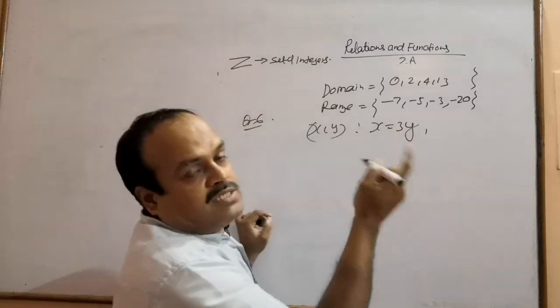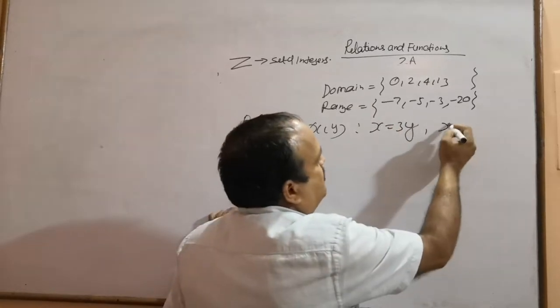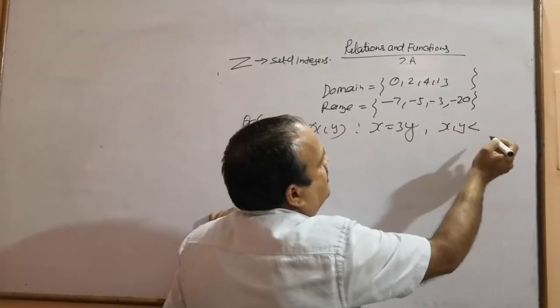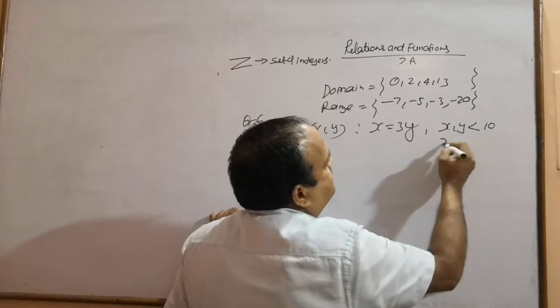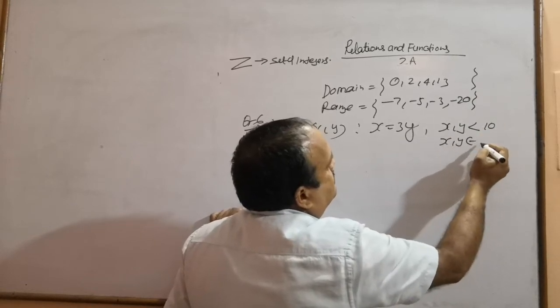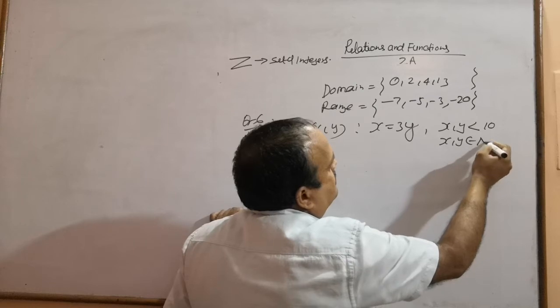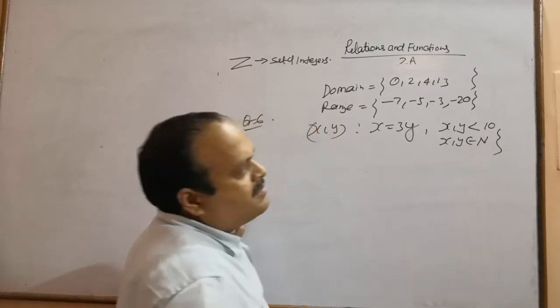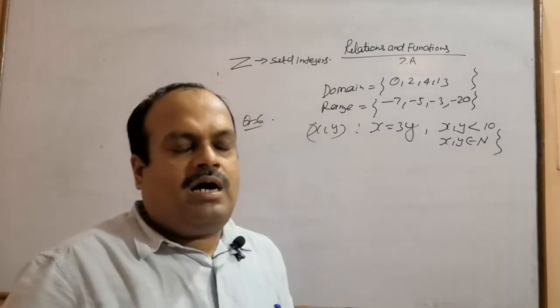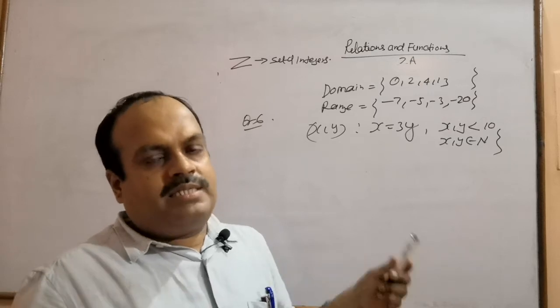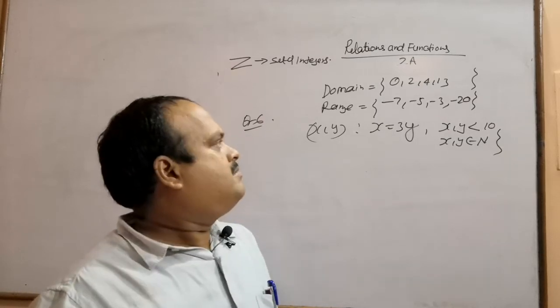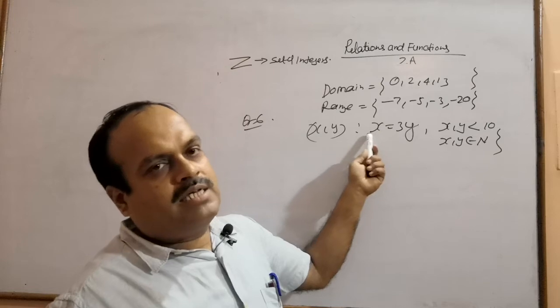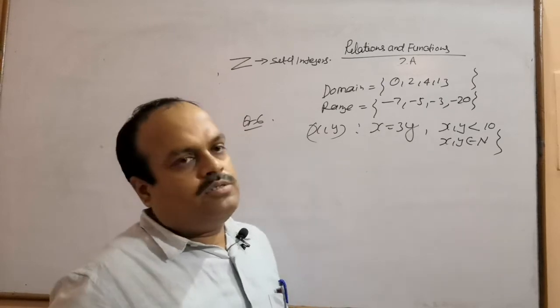Here we have restriction with x and y both. So x and y are natural numbers less than 10. The relation is based on the pattern x equals to 3y.